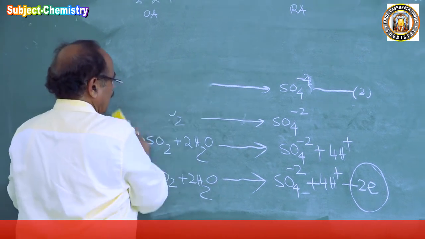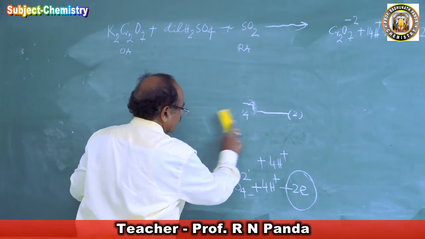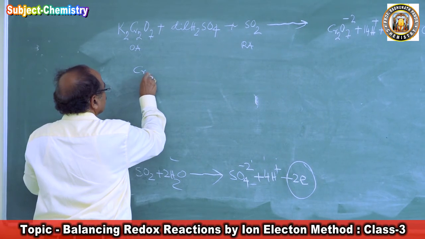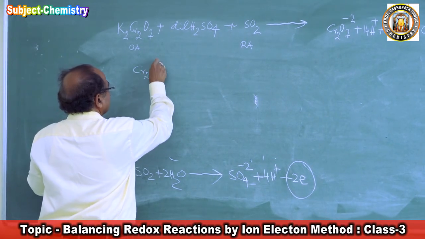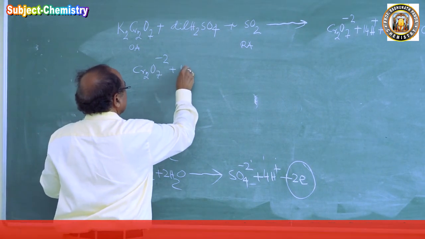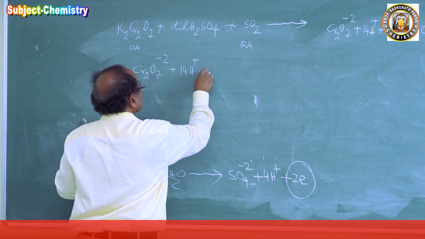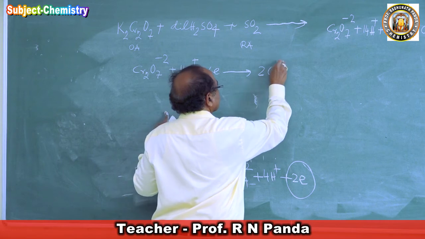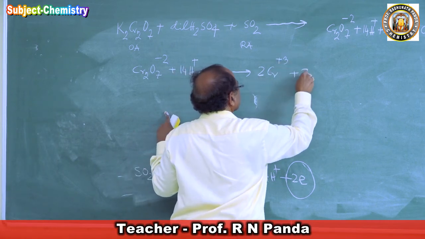Now we will balance the two equations. We have two half reactions. One half reaction is Cr2O7^2- plus 14H+ plus 6e- gives 2Cr^3+ plus 7H2O.